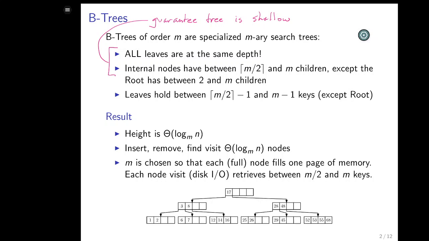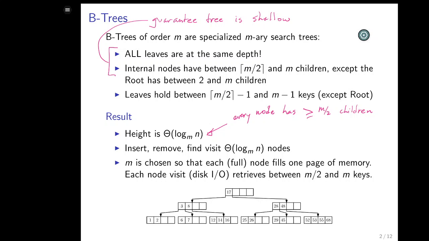And what's interesting is that with just those two properties, you can show that the height is something like log base m of n, where m is the out degree of the nodes, the maximum number of children. Because every node in the tree has at least m over 2 children. Remember when we were trying to show the height of an AVL tree was short?